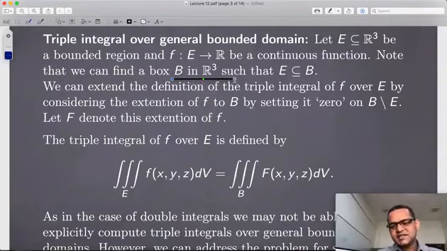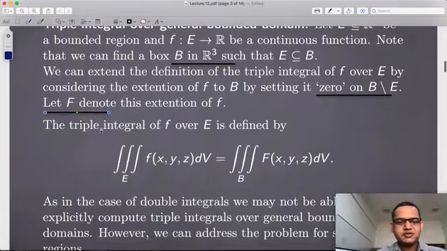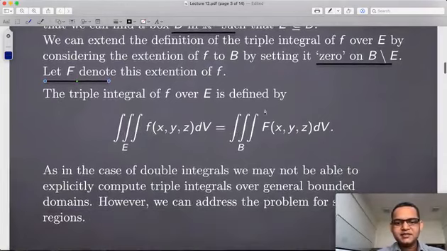As we did in the previous situation, we extend the given function f from E to B. We just set it to be 0 on the complement of E inside the box, so we get a new function which we call the extension of f. We define the triple integral of f over this bounded region via this.